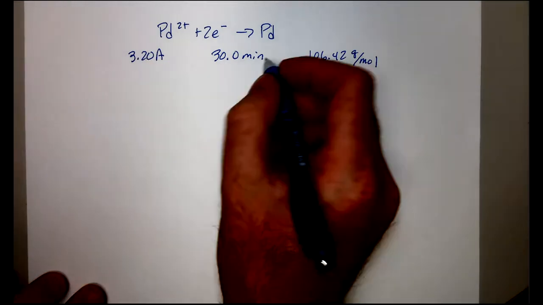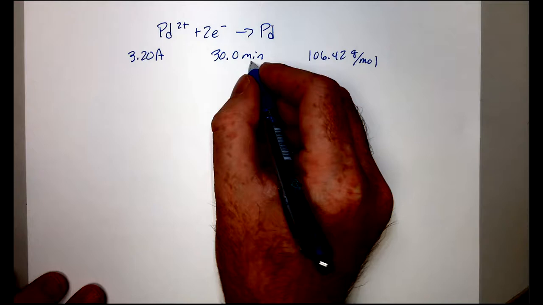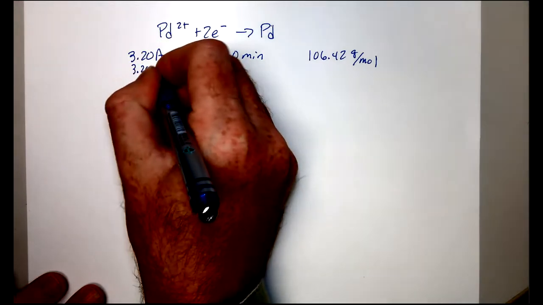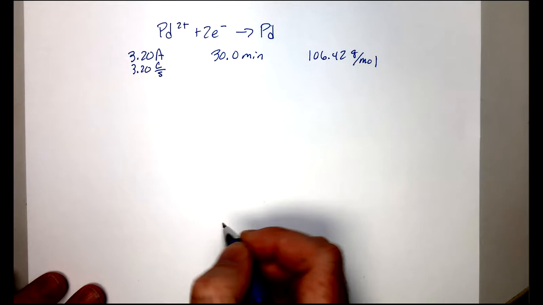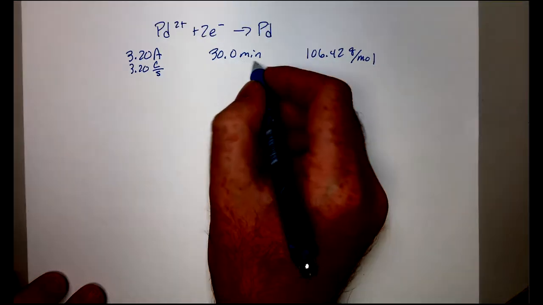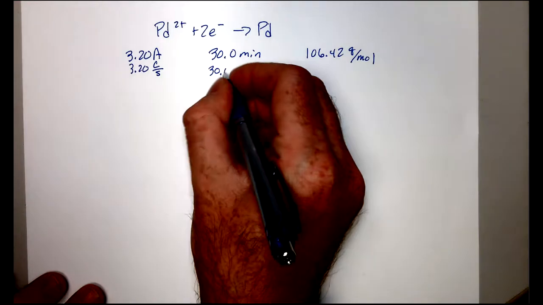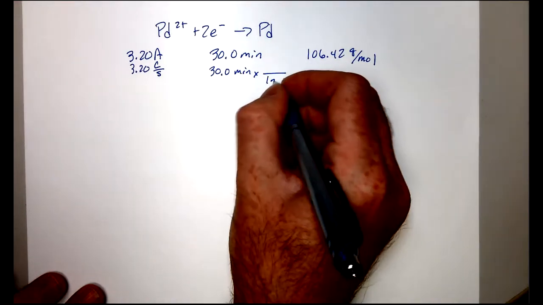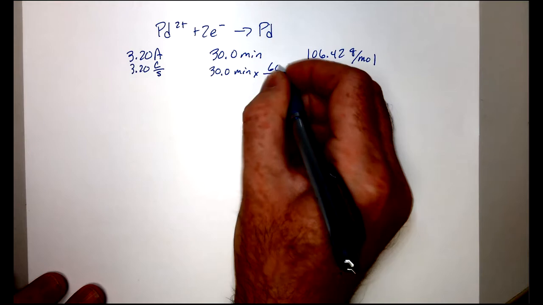So the first thing we need to do is remember an amp is coulombs per second. And so I can't use minutes. I'm going to have to convert that really quick. 1 minute is 60 seconds.